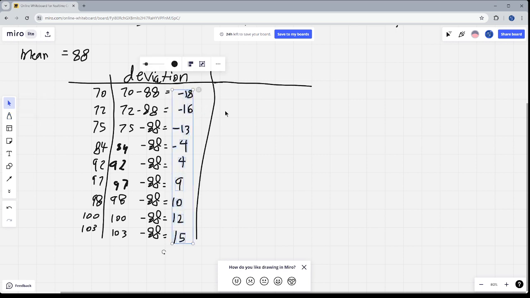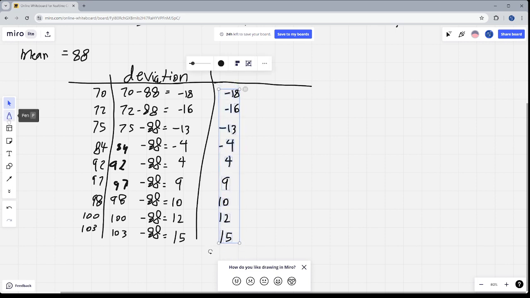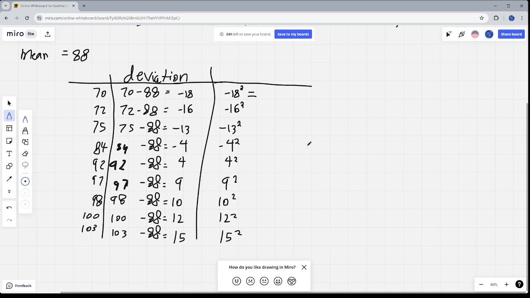So, I'm going to copy these and just put them into the side here. And we need to square them all. So, help me out with them. -18 squared. 324.